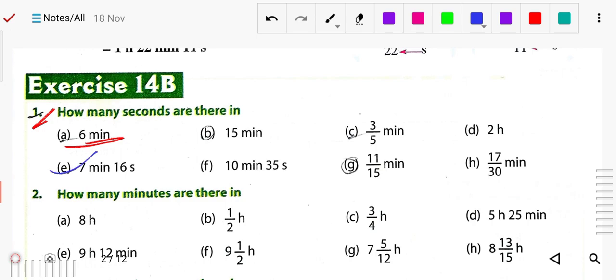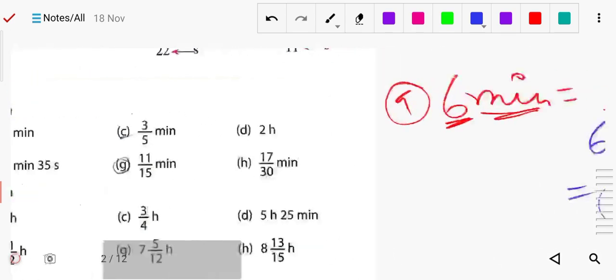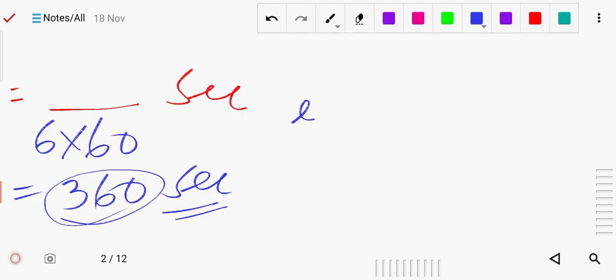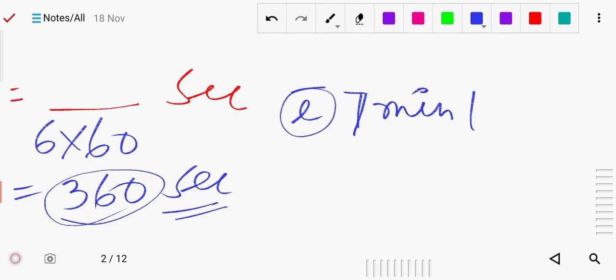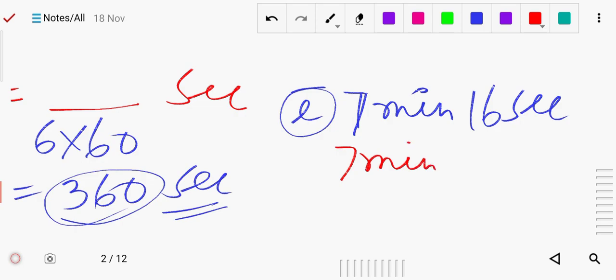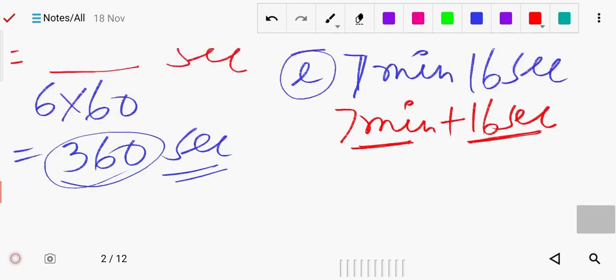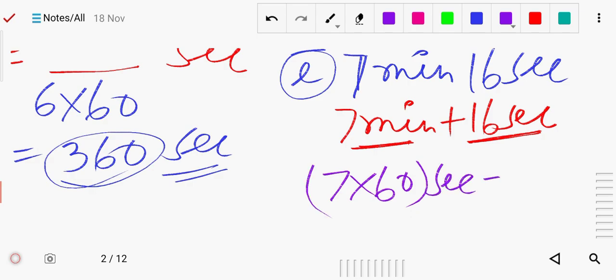Okay, now some more questions. Number E, you can see 7 minutes 16 seconds. First of all you have to write it in plus form. So you can write it as 7 minutes plus 16 seconds. Now 16 is already in seconds, no need to change this part. Minute to second we will multiply by 60. So 7 into 60 becomes seconds, plus 16 seconds.